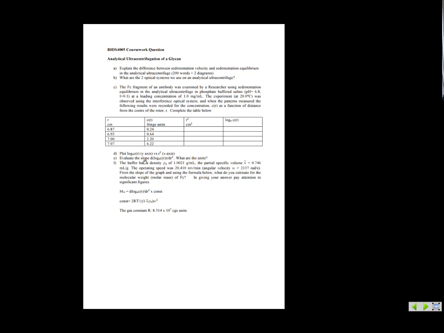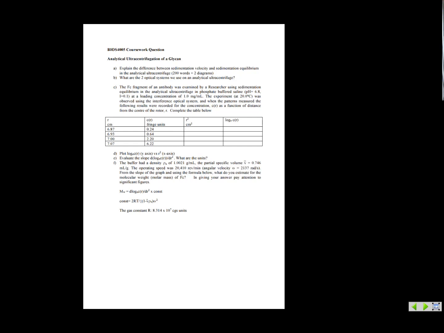And then having worked out the slope and given the units, then you're given these constants. The buffer had a density rho naught of 1.0021. The partial specific volume v bar is 0.746 ml per gram. The operating speed is this, which corresponds to an angular velocity omega of 2137 radians per second. So we've done the conversion of revs per minute to angular velocity in radians per second for you.